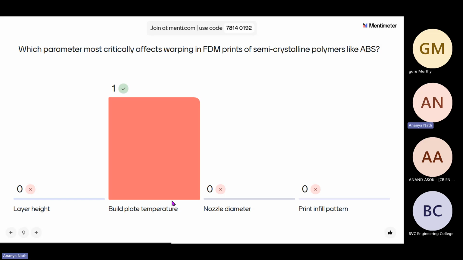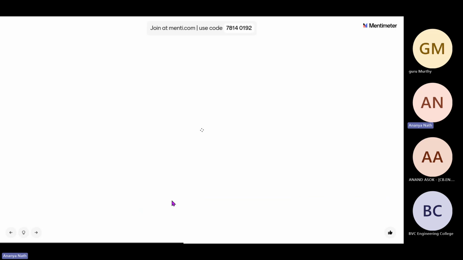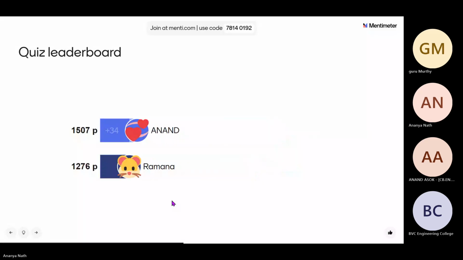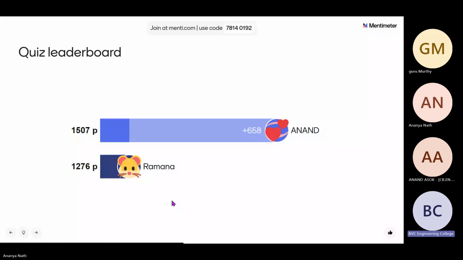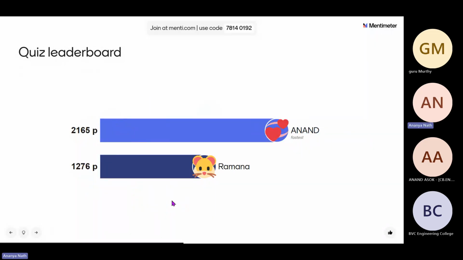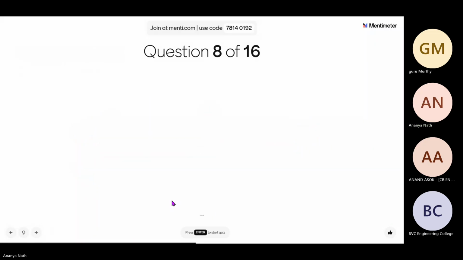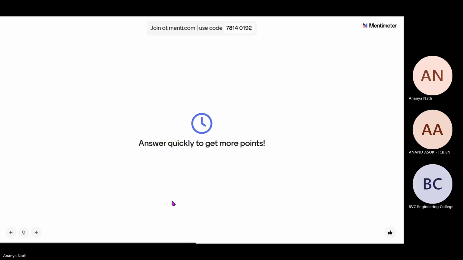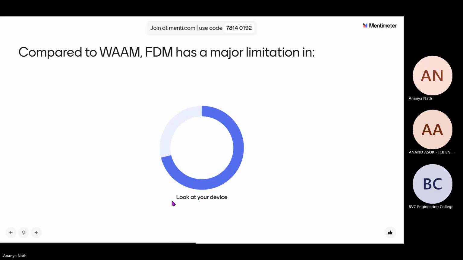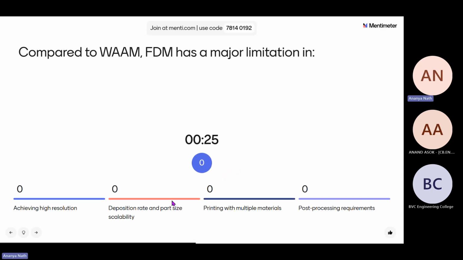Okay, well plate temperature. Good. Then we have next question. Parameter. Eighth question. Semi-crystalline. FTM has a major limitation with respect to WAM.